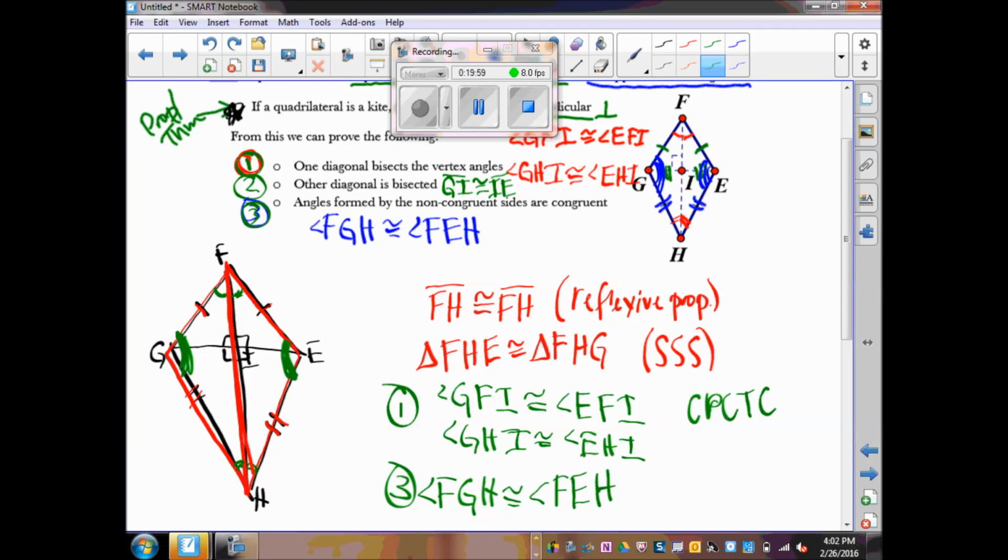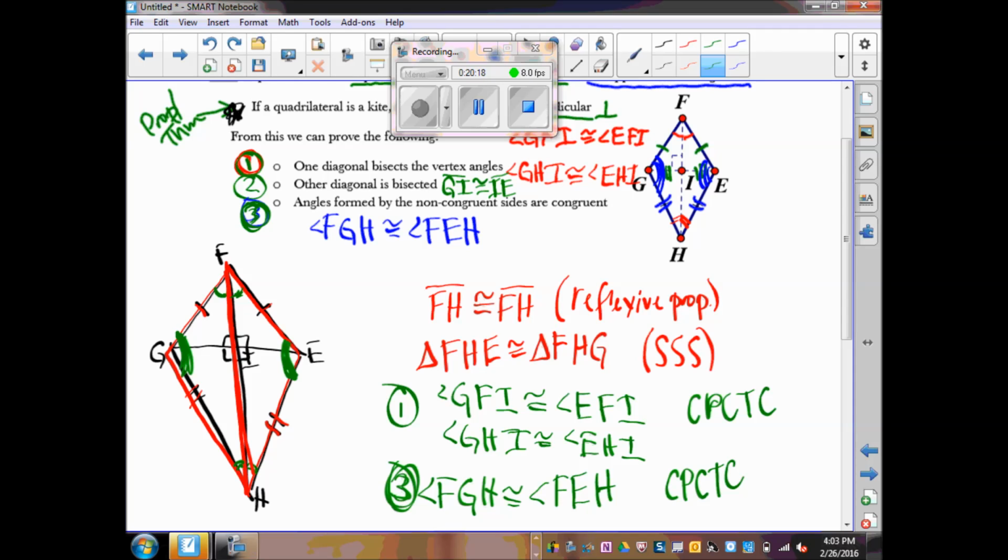And again, that's my third thing from up here. So just by one set of congruent triangles, I can have all these pieces. This is again all by CPCTC. We have our two triangles, and the corresponding parts are also congruent.